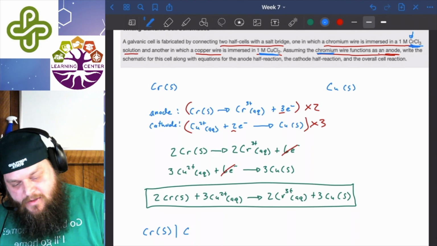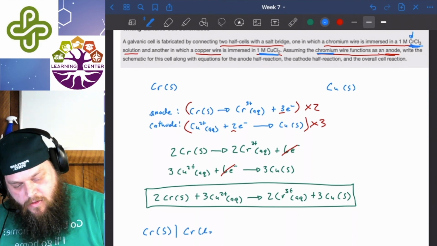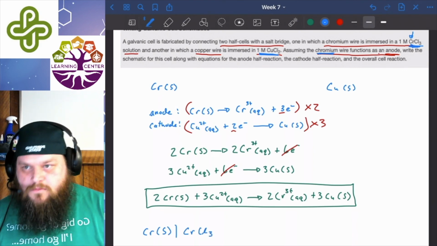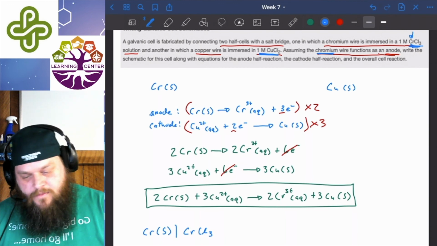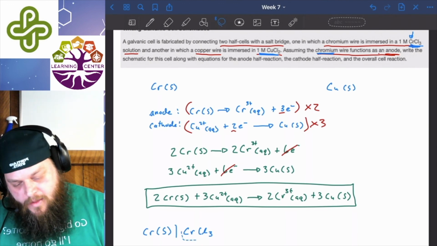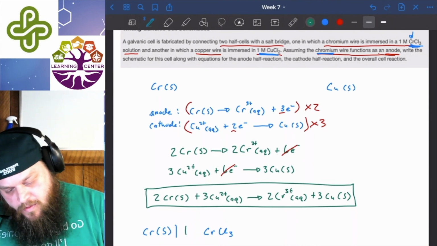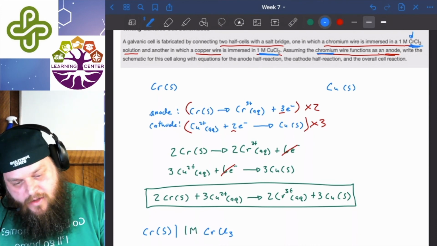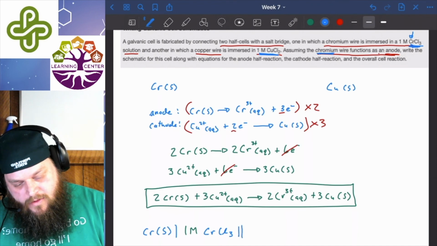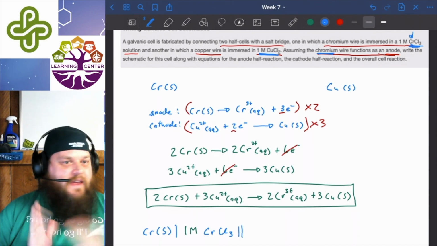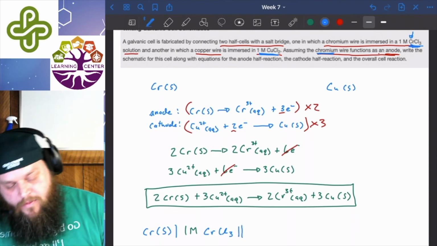So I can say CrCl3. And if we know the molarity of that, we can actually put that molarity in. It's telling us that molarity, so I can write it as 1 molar CrCl3.